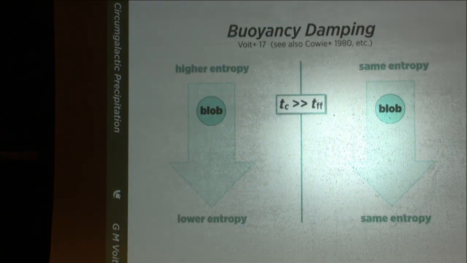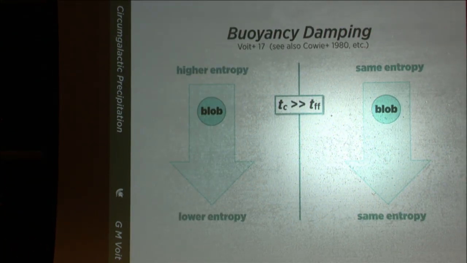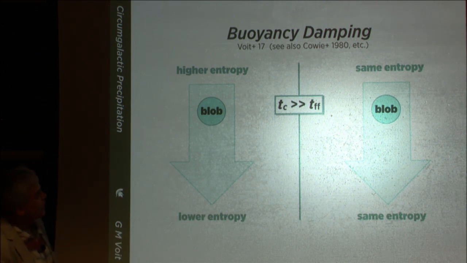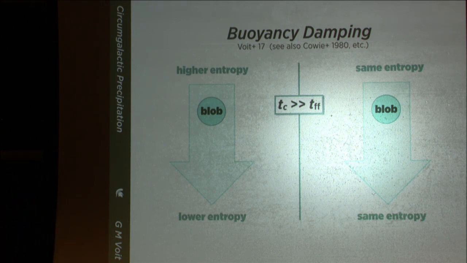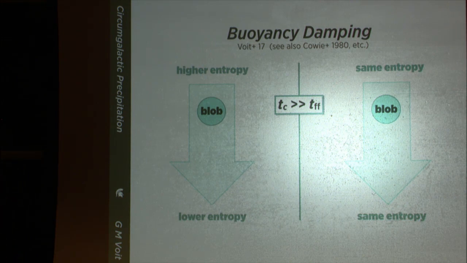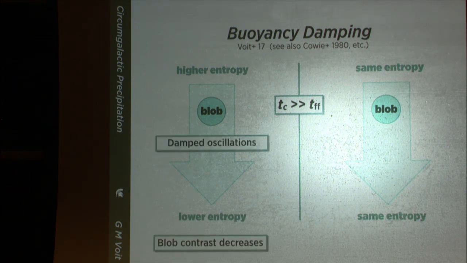The other thing that matters is what the entropy gradient is. This was part of the literature in cluster cooling flows going back to 1980, Cowie et al. And it's a concept that I think is underappreciated, which is if you have an entropy gradient, and this ratio is large, then as you sink, your contrast is going to decrease, and you end up having oscillations, which are essentially internal gravity waves.